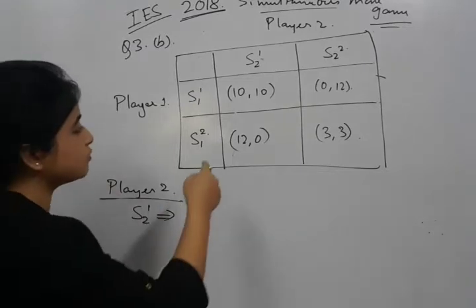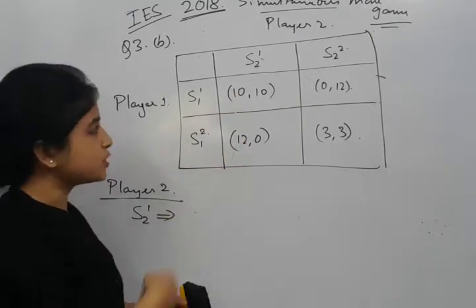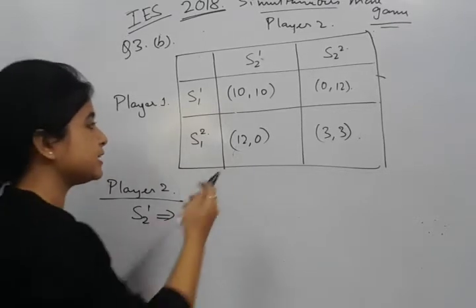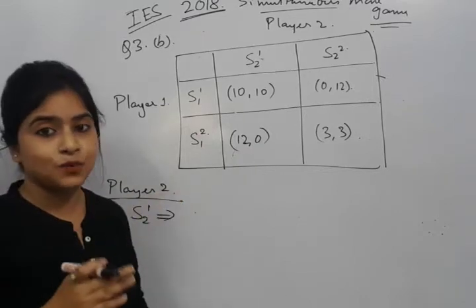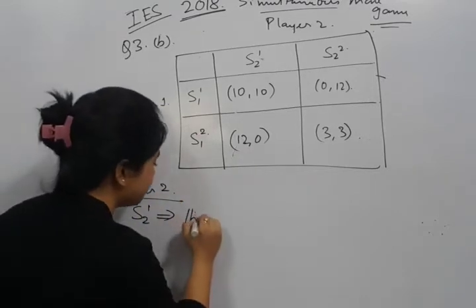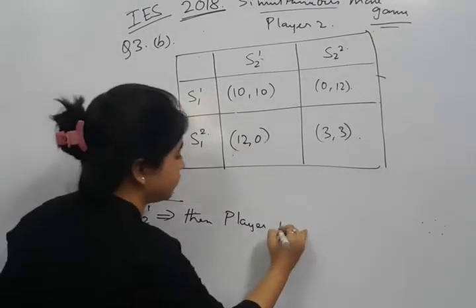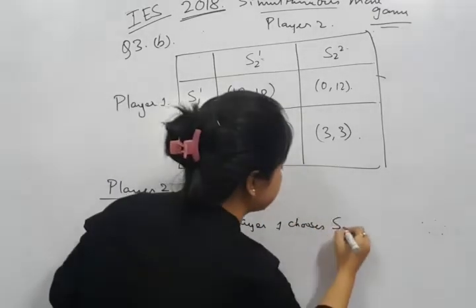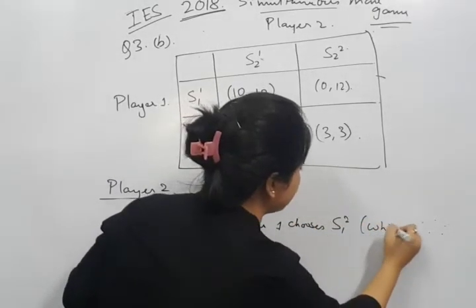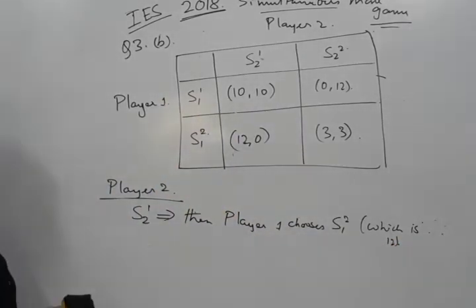So we have to now compare between this 10 and this 12. Here again 12 is higher than 10. So player 1 also goes for S12. Player 1 chooses strategy S12, which has the value of 12.